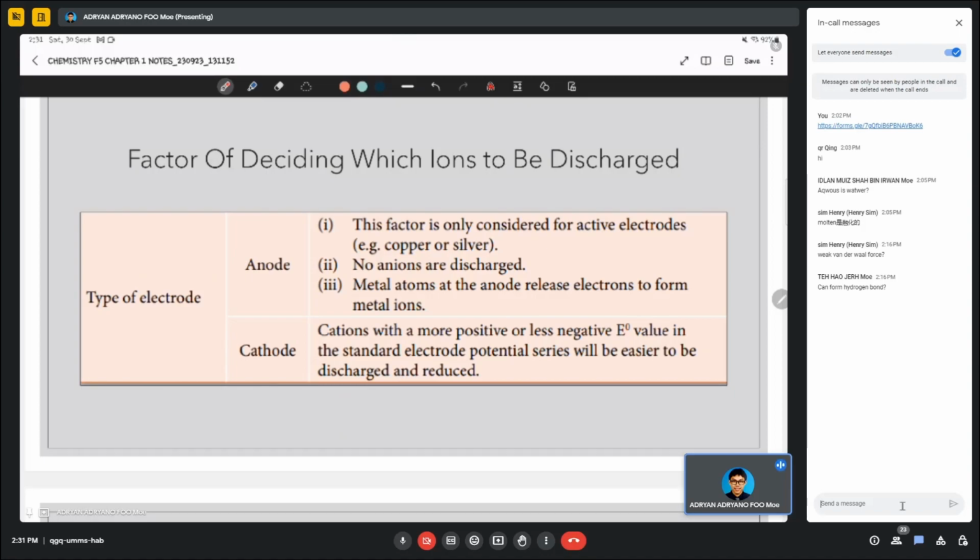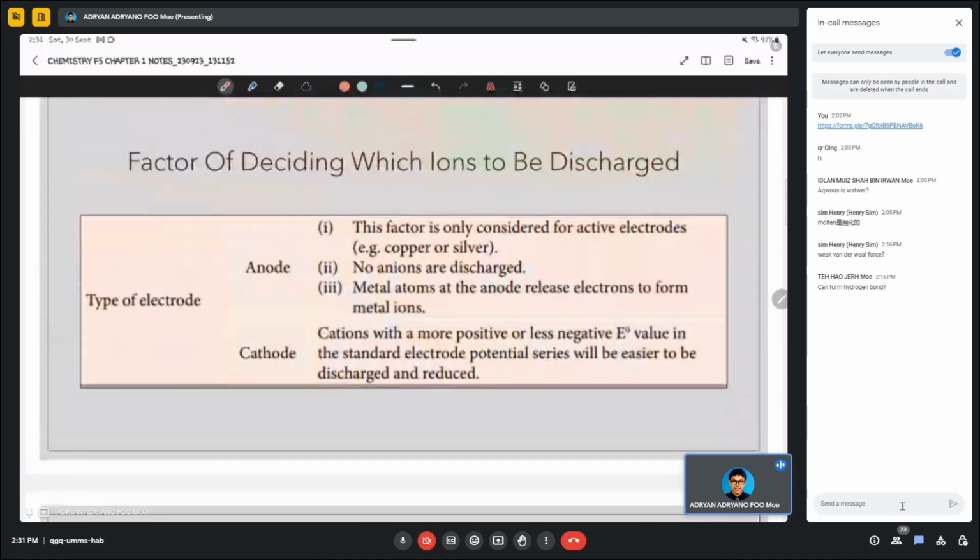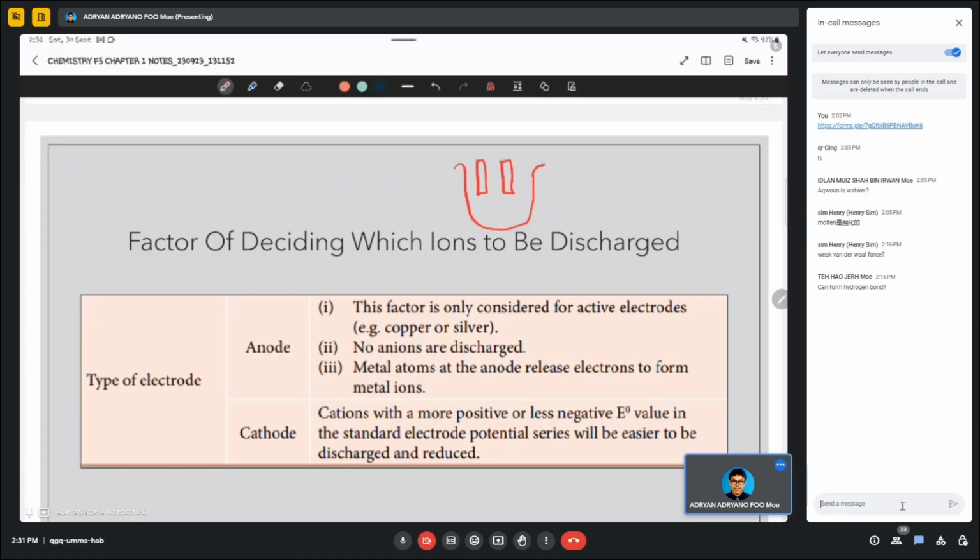What is an active electrode? An active electrode is when the metal of your electrode is the same as the metal ions in the solution. For example, in the first beaker you have two copper electrodes, and the solution is copper(II) sulfate. This is an active electrode. What does it mean? It means your electrode is the same as the solution that you want to electrolyze.